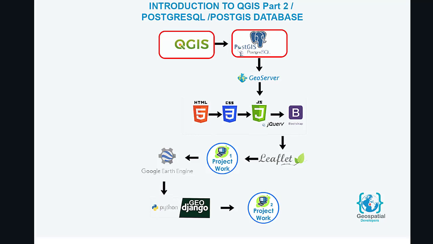How to familiarize ourselves with the interface of QGIS. We loaded our vector data sets onto QGIS, explored some of the tools in QGIS, and we also learned how to style our shapefiles or vector data sets.